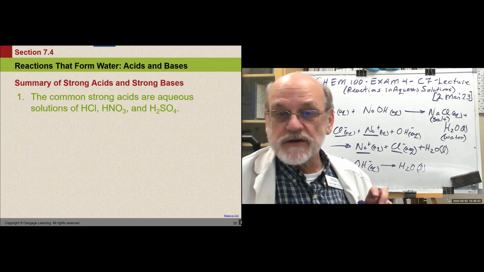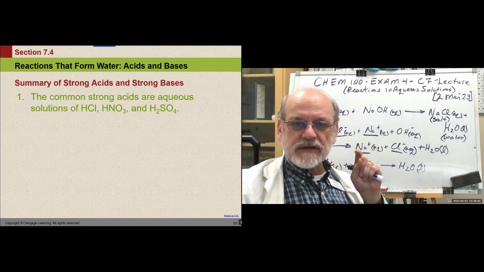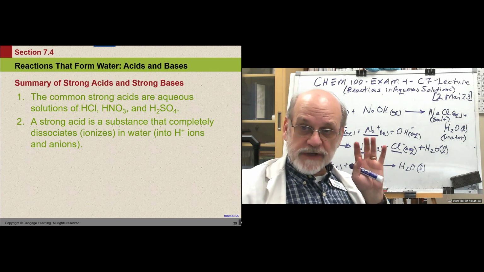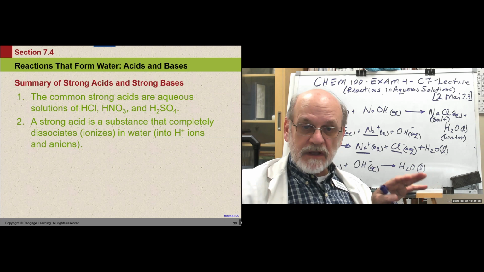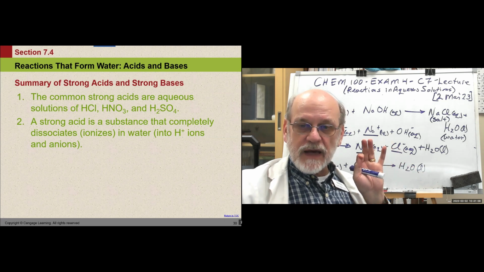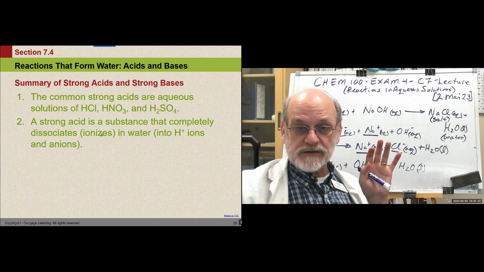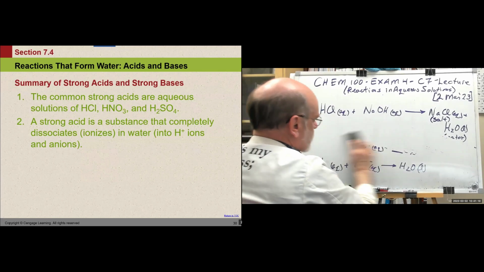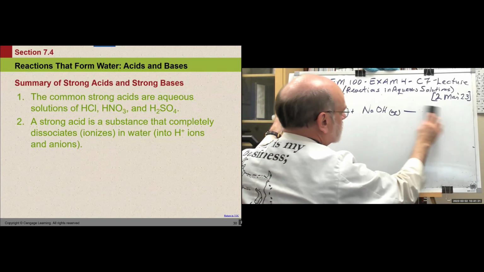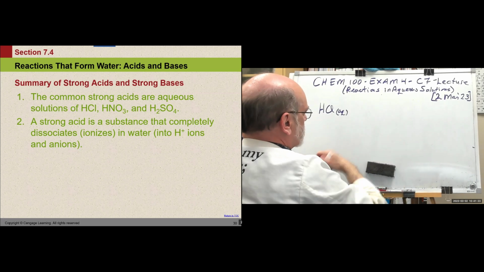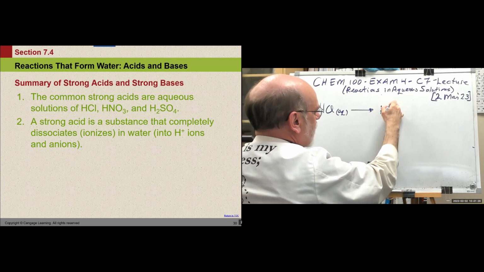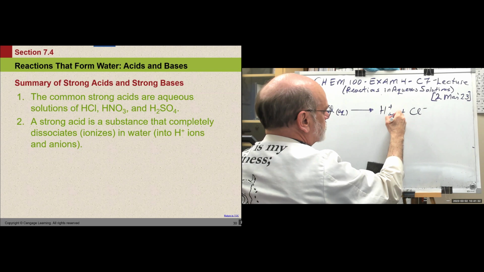Okay, these are considered strong acids: hydrochloric acid, nitric acid, sulfuric acid. And when they go into solution, in aqueous solution, they produce hydrogen ions in abundance and anions. Now, for the hydrogen chloride, for the hydrochloric acid, it will make exclusively hydrogen ions and chloride ions in solution.